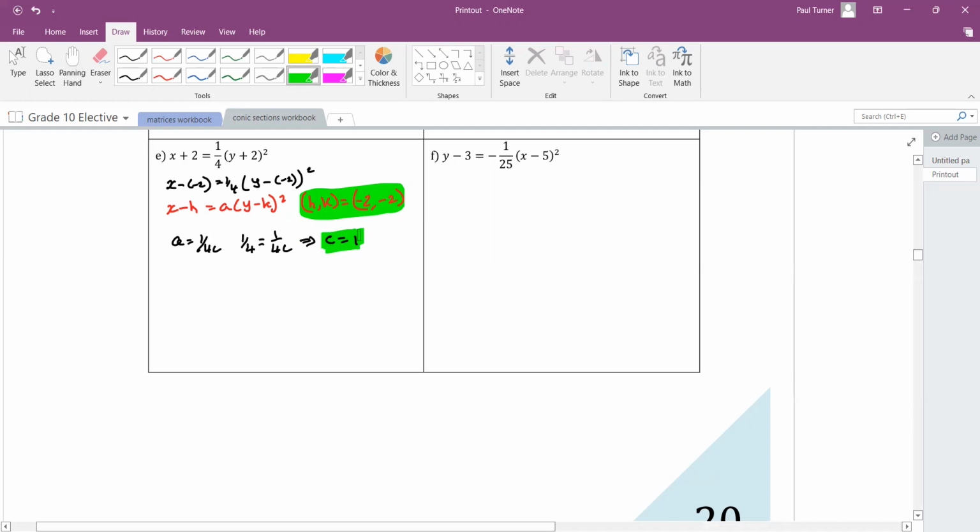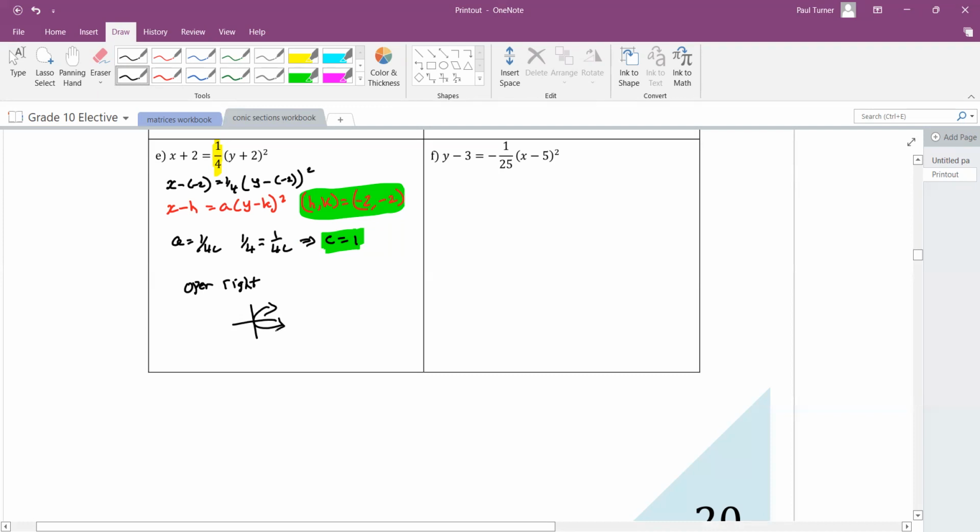That's your distance between the vertex and the focus. And the shape of our graph, we have a second form of the equation, so it's an X graph. And A here is positive, so it's going to open to the right. So the graph will be opening in that direction.